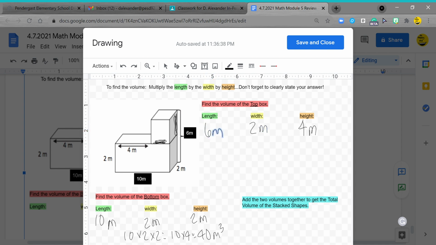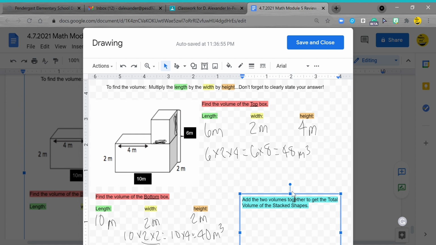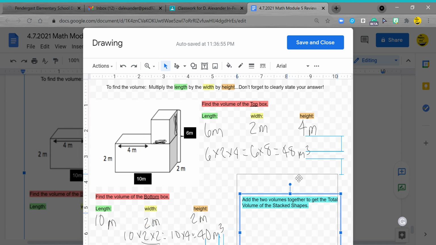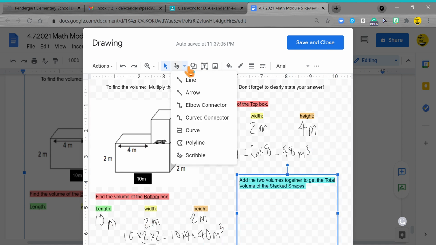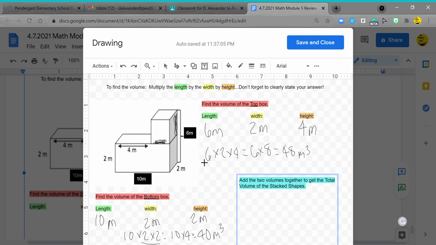So now I'm going to take my numbers and I'm going to multiply. I have 6 times 2 times 4. So right here, I'm going to do 6 times 8. Yes, 48 meters cubed. Now I'm going to take the 48 meters cubed.